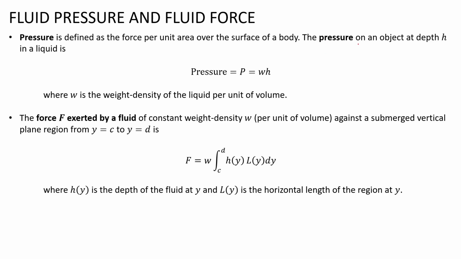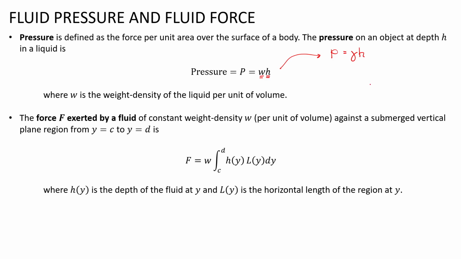So the pressure of an object at a depth of h in a liquid can be solved by multiplying the weight density of the liquid, which is W, times the depth of the object where it is situated in the liquid. So in fluid mechanics, the pressure is equal to gamma times H.